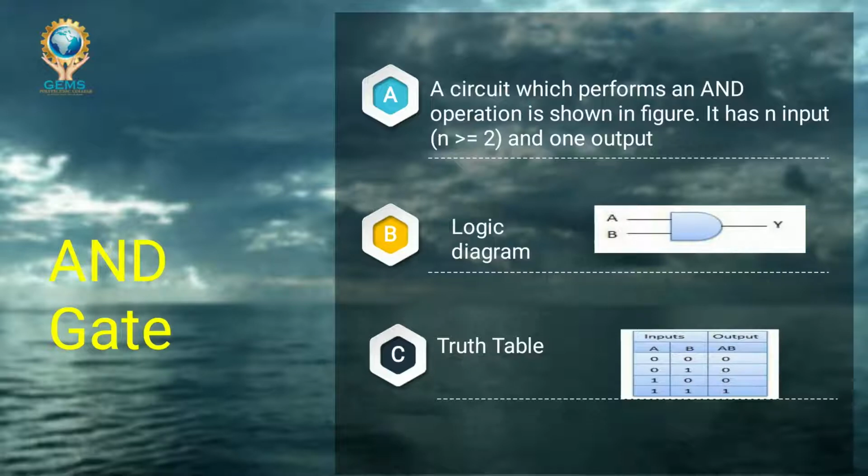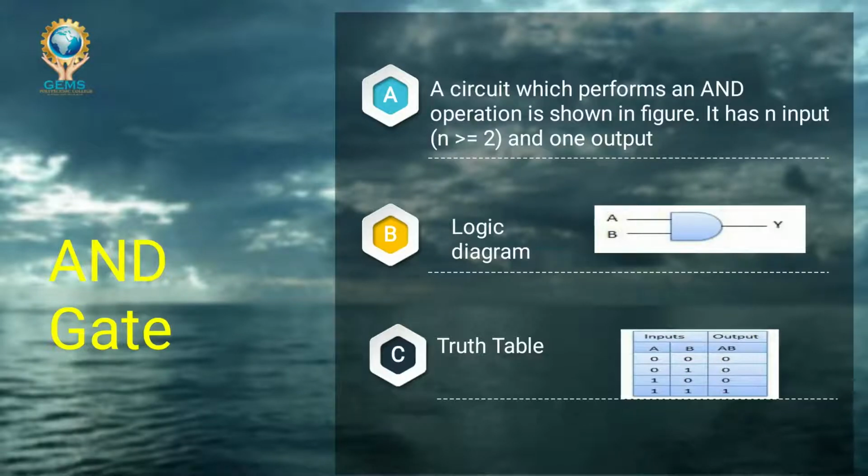The AND gate has its own truth table. Look here. A and B are the inputs on both sides, and Y is the output. If you give the input, what type of output you will get depends on your input only.